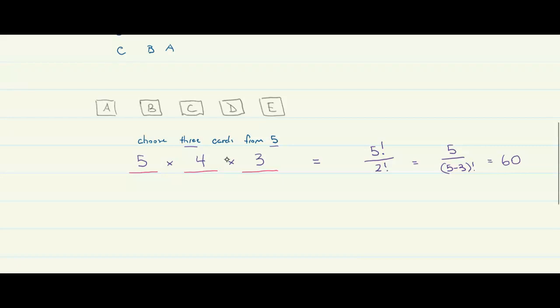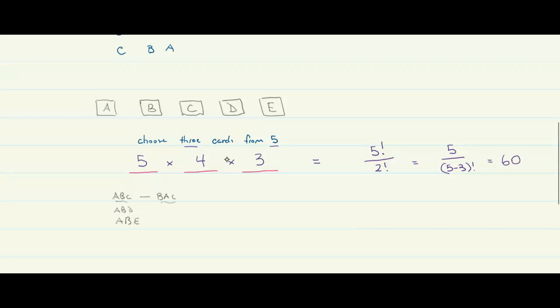Now, is that permutations or is that combinations? Well, if you think about it, this group of 60, if we started to write them out, would be A, B, C, A, B, D, A, B, E, B, A, C. So we would be including the same elements but in different orders.